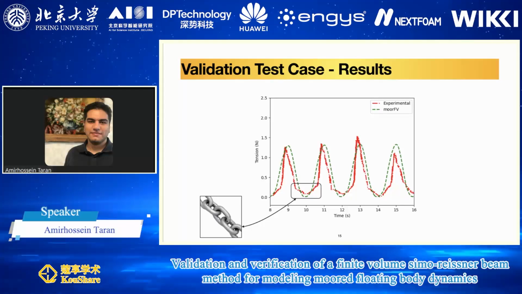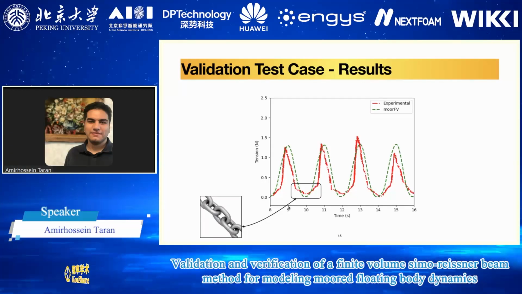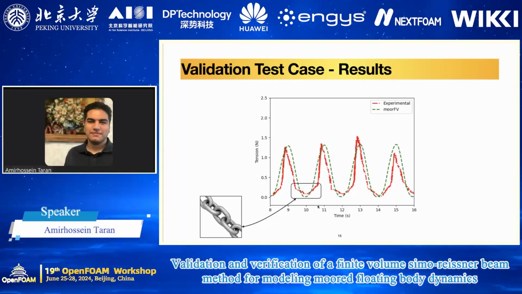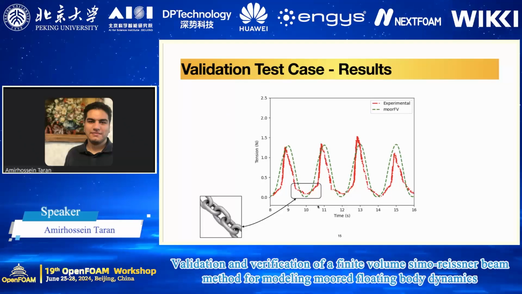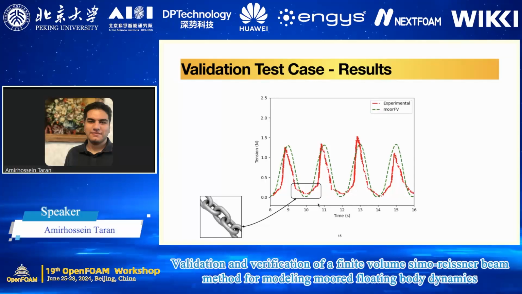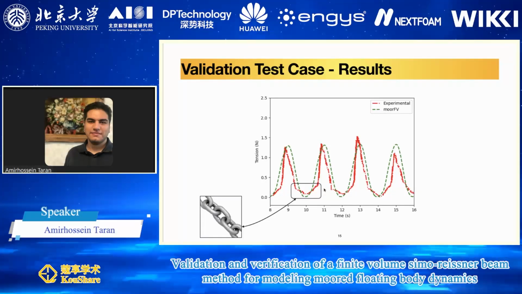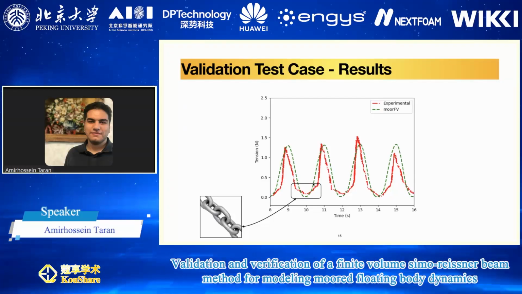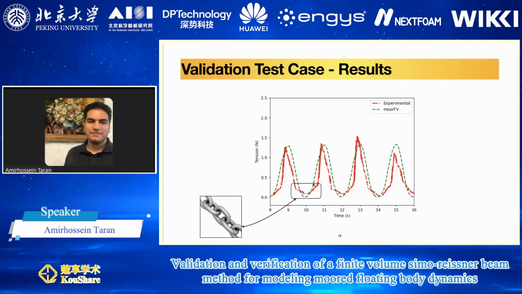Also, these chains can act differently between 9 and 11 seconds, because when there is no force acting on the mooring line, they can go back to the slack state. But in our case, the behavior is different. Anyway, I think the results are acceptable, and they show a good agreement with other numerical works.